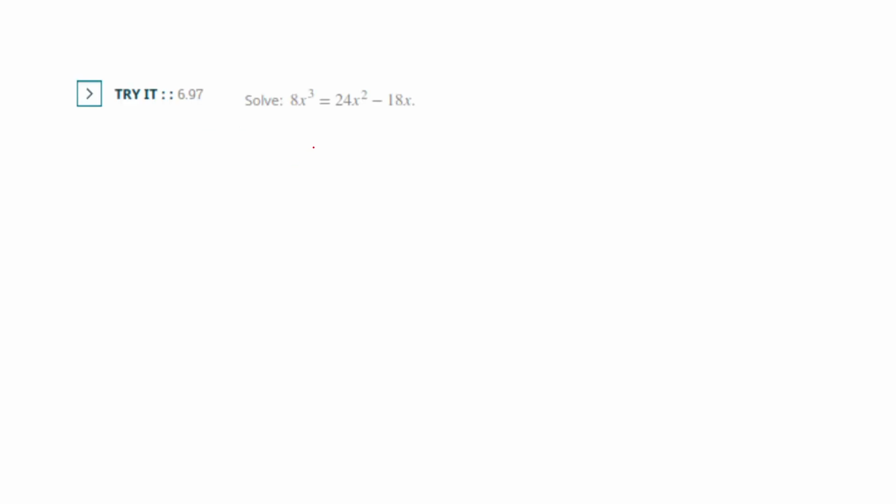Okay, try one. I've got to move everything over to the other side. All right, so seeing what I should pull out of there. That looks to be all I can do.